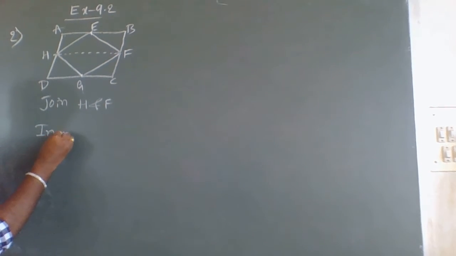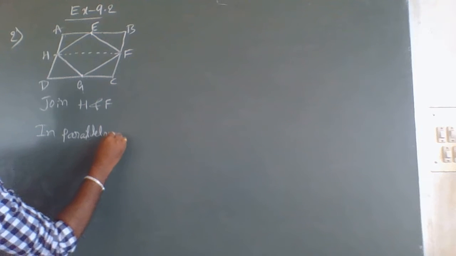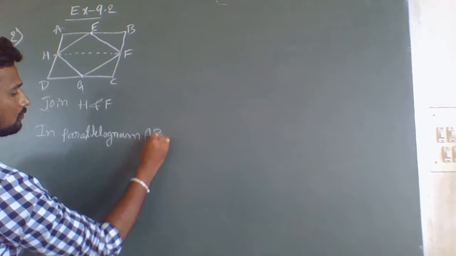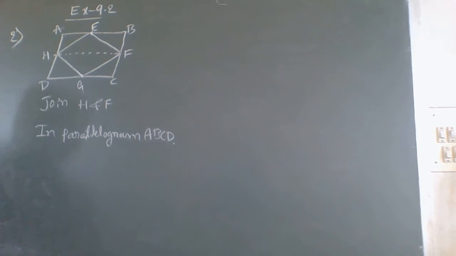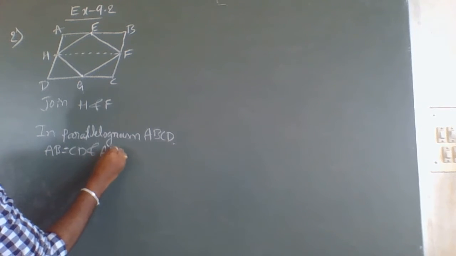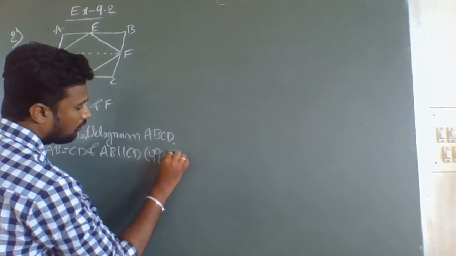So now in parallelogram ABCD, AB is equal to CD and AB is parallel to CD, because we know that these are opposite sides of a parallelogram.